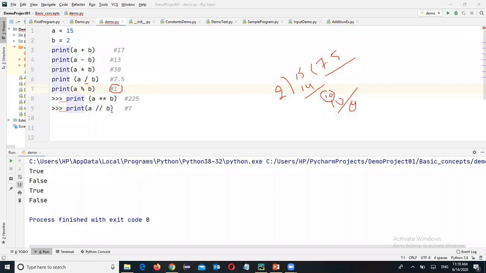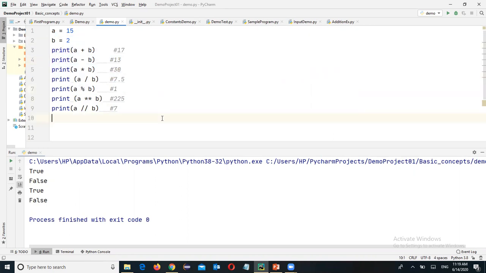Next one, exponent: 15 to the power of 2 is 225. The float division operator, that is floor division, gives only 7, without the decimal value.